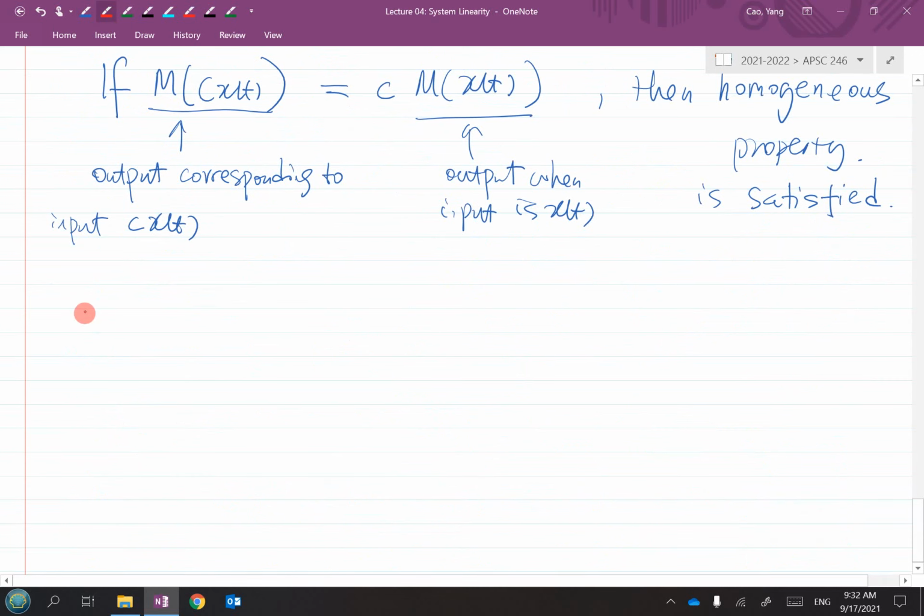I'm also ready to present you a shortened version of the property, which combines both the additive and homogeneous properties together. All right? So this is called the superposition property.